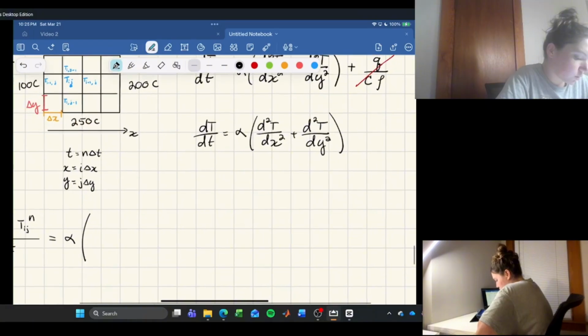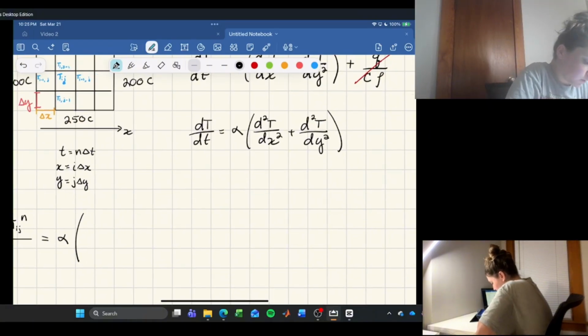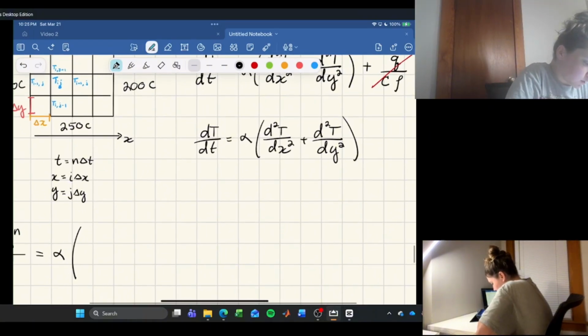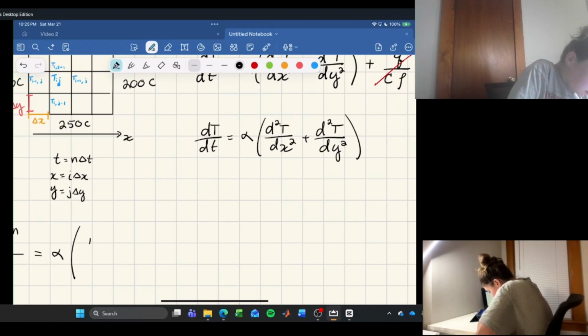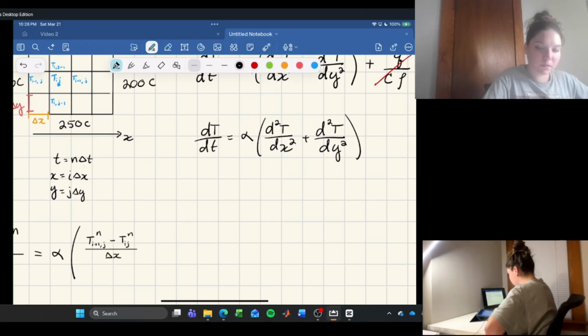So in the x direction, this is going to look like the temperature T of i plus 1 j to the n, minus T of ij to the n, over the change in position on the x-axis.